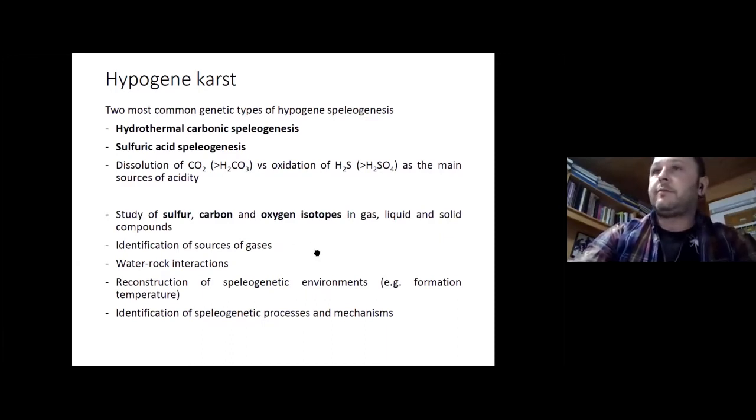We can uncover a lot of information about water-rock interactions. We can reconstruct some of the speleogenetic environments, for example calculate the temperature at which they formed. And we can also gain a lot of information on how these processes operated.